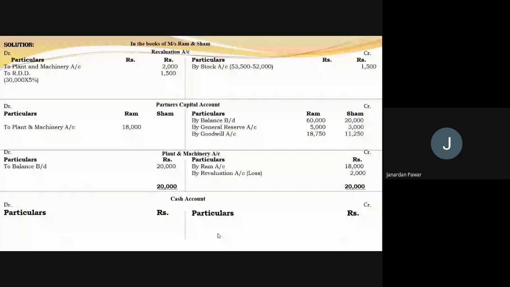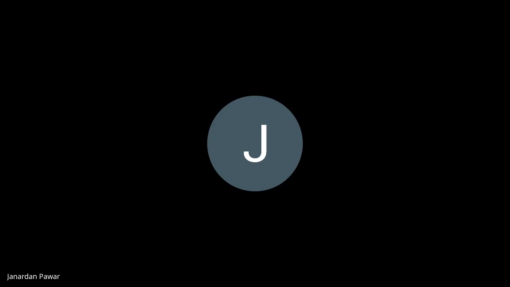So 53,500 minus 52,000, that is 1,500. We have to write this at the credit side because there is an increase in the value of asset. So we write this increase in the value of asset at the credit side of the revaluation account.